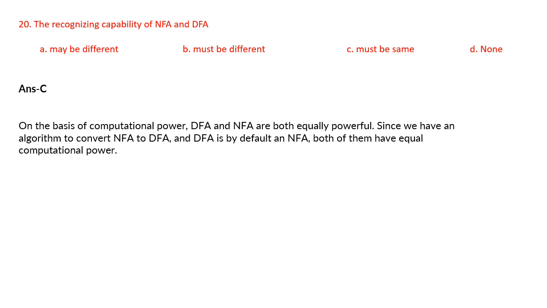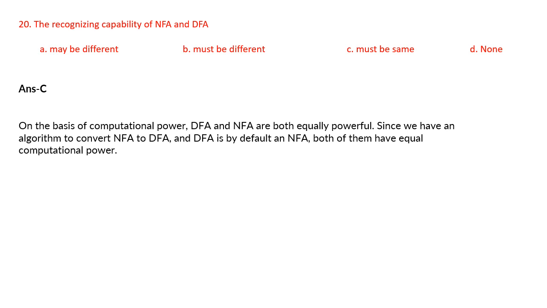Yeah, based on the configuration, we can say that DFA is different, NFA is different. DFA allows only one move for a single input alphabet from a state, but in NFA there can be more than one move for a single input alphabet. And also all DFAs are NFAs, but all NFAs are not DFAs based on the structure.